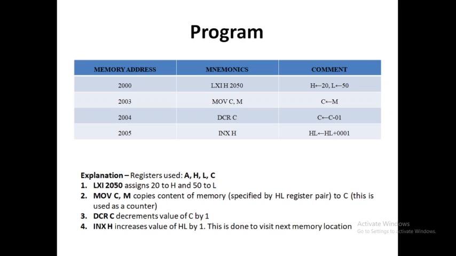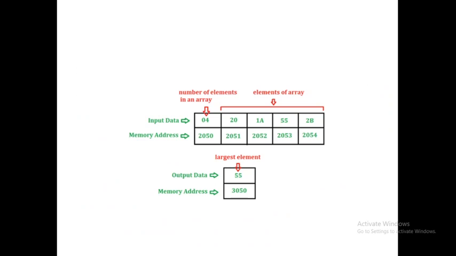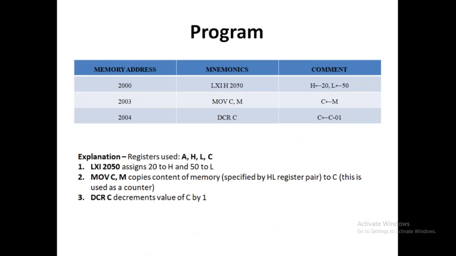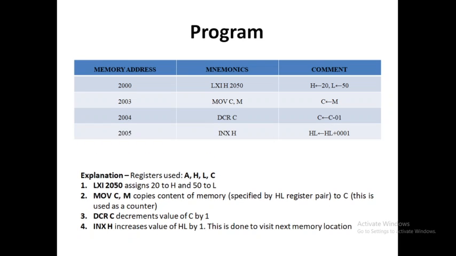Now INX H: first it was 2050, and now we take the second value, 2051, that is 20. So INX H increases the value of HL by 1, from 2050 to 2051, one memory location, to visit the next memory location.